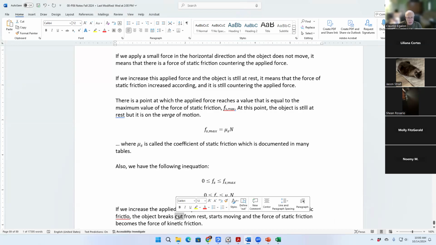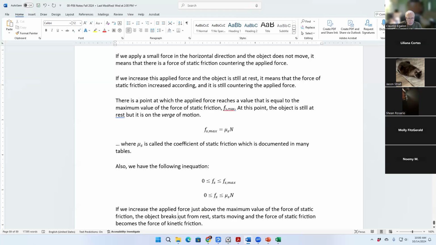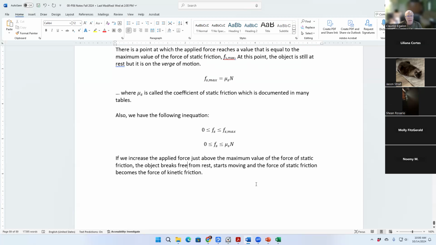It starts moving, and the force of static friction becomes the force of kinetic friction. And by the way, the force of kinetic friction has an equation that's similar to that one of the maximum value of the force of static friction. Okay.